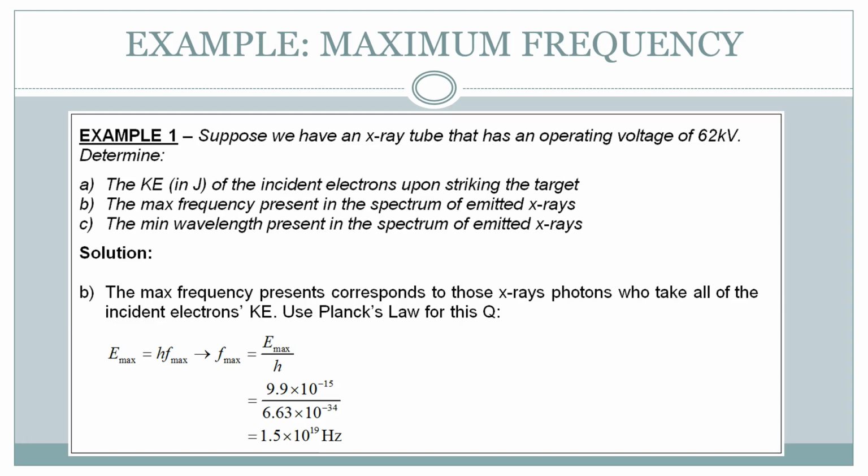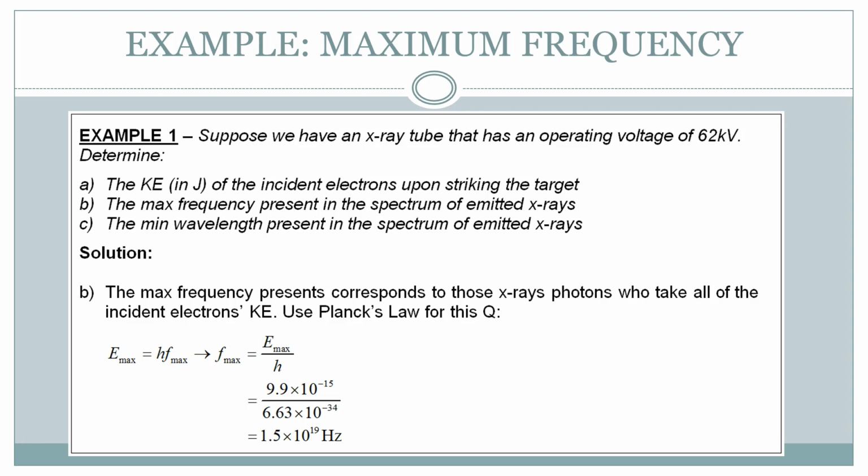Okay, so part B, what's the maximum frequency present in the spectrum of emitted X-rays? Well, we can just use that formula we had before. I've written it slightly differently down here. I've used Planck's law instead. f max equals the maximum energy divided by h. Now we just found the maximum energy in the previous part. Maximum energy is equal to the kinetic energy carried by the incoming electrons.